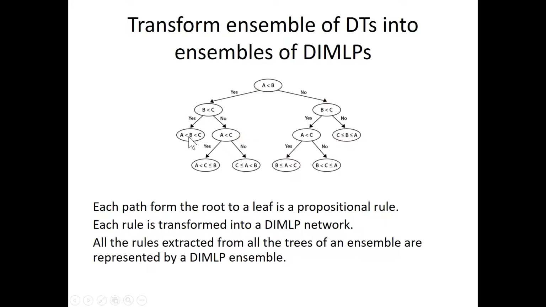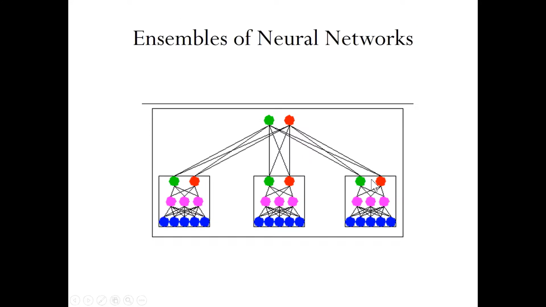This one goes to a DIMLP, this one goes to a DIMLP, and so on. And you can do this for all the trees of the ensemble. So at the end, all the rules extracted from all the trees are coded into a DIMLP ensemble, like this.